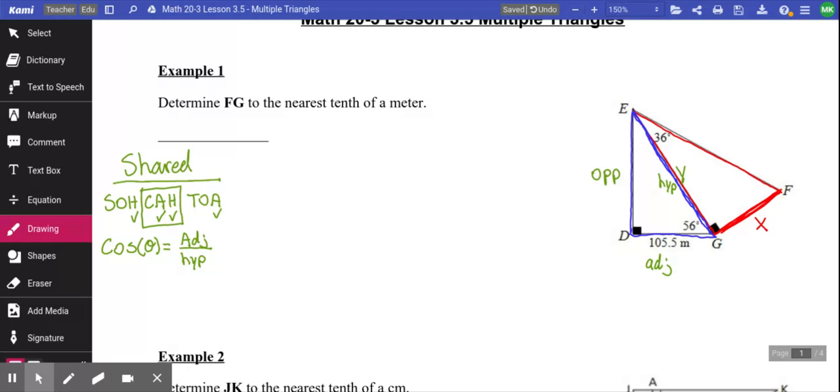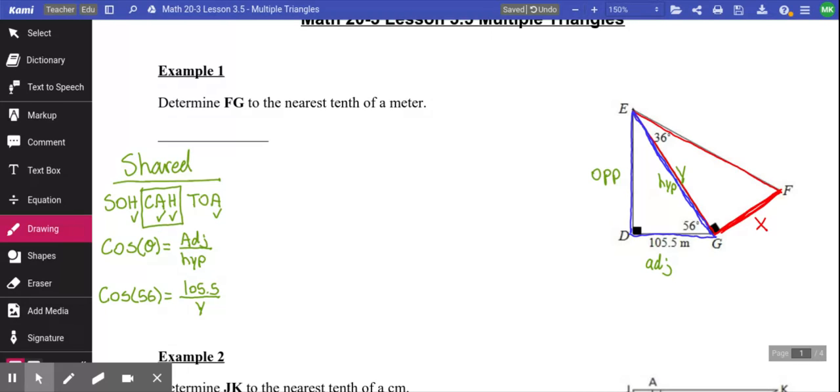My angle is 56, so I have cos of 56 equals the adjacent side, which is 105.5, divided by my hypotenuse side, which I don't know. Label the triangle, SOH CAH TOA, put your values into the formula.